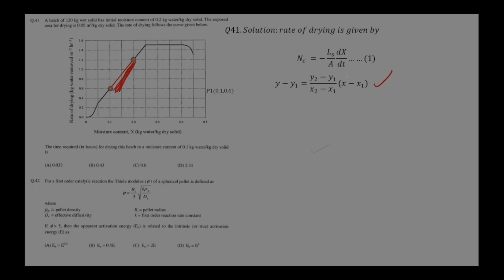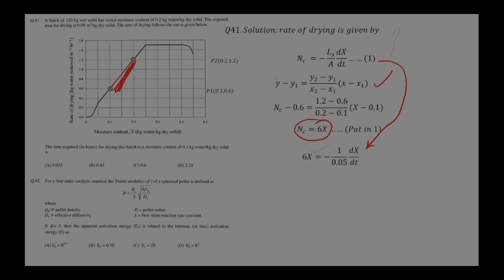So for the straight line, this is the formula. So Nc minus 0.6. So this is the relation. So rate is decreasing at 6x, where 6x is the moisture content. Putting this value in this equation, we get 2.7 hours.